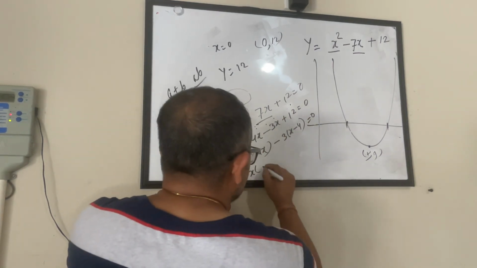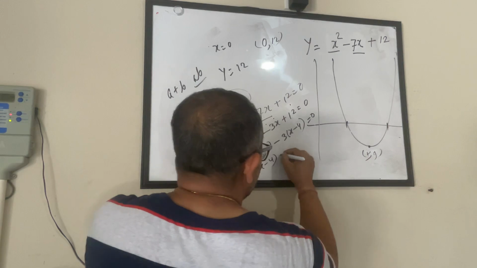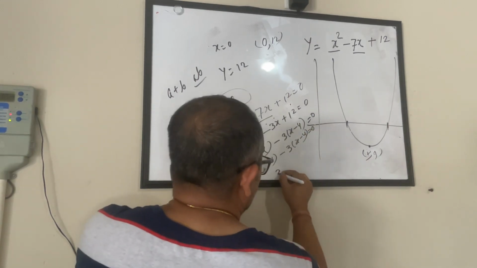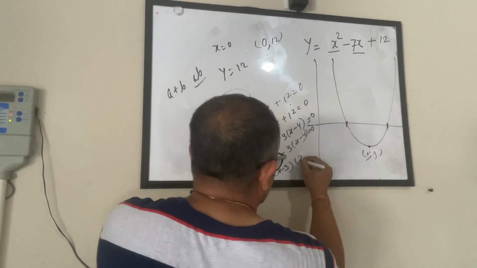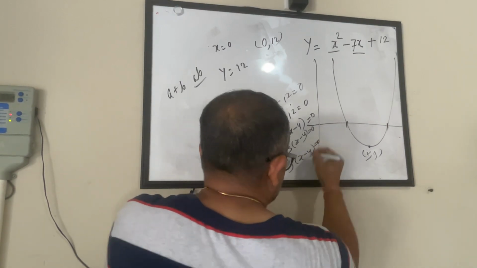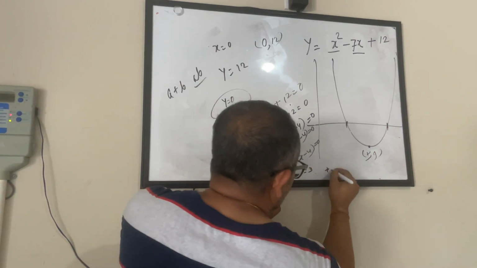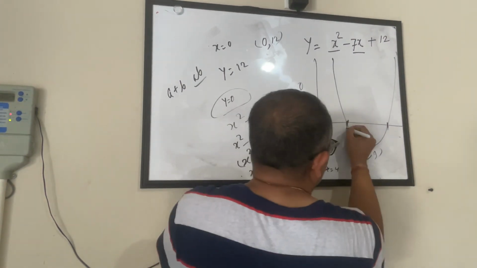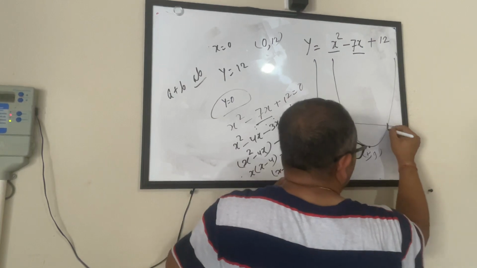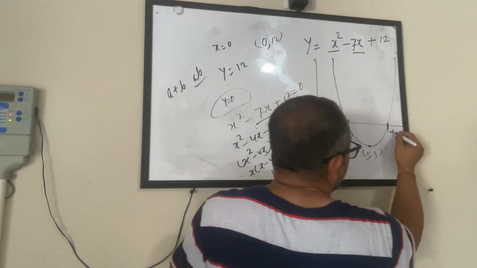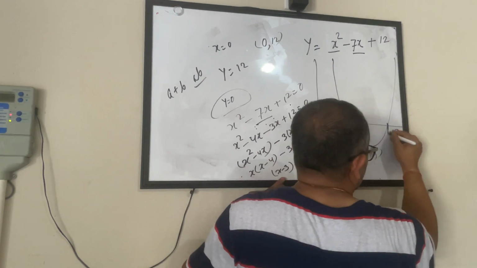Now here I take x minus 4 common, so it becomes x minus 3 into x minus 4 equals 0. So this gives me two points, x equals 3 and x equals 4. So the coordinates are (3, 0) and (4, 0).